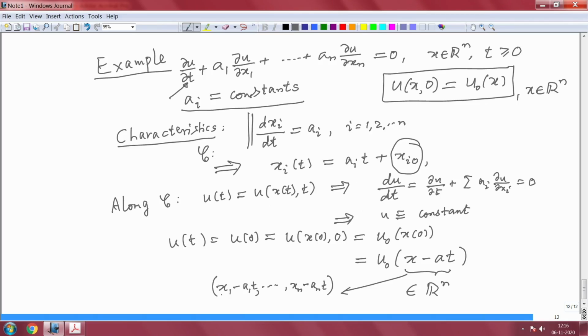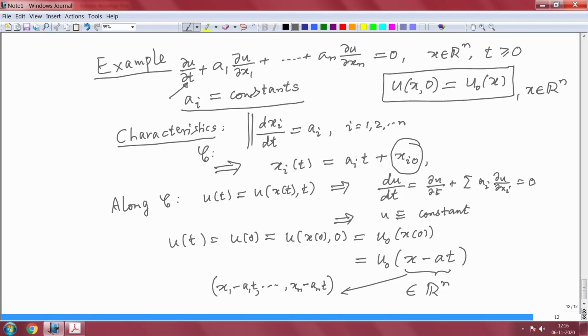Okay. So, the initial profile u 0 is transported in time in different directions, with different speeds, given by these coefficients a 1, a 2, a n.